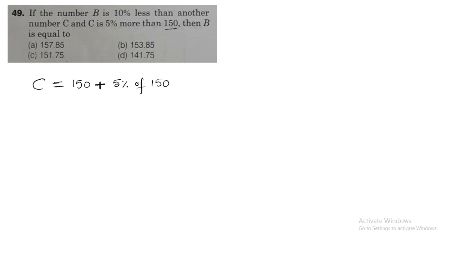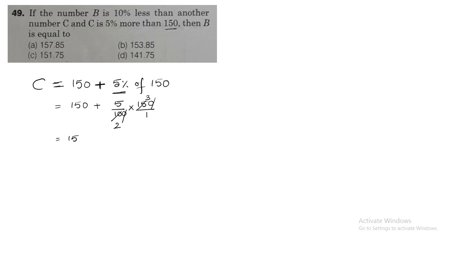Which gives me 150 plus 5%, and 5% I can write as 5 by 100 into 150. So this I can write as 150 by 1. Here if you observe, I can cancel out the zeros. Next, in the 5 table I can cancel it 2 times, and 3 times.